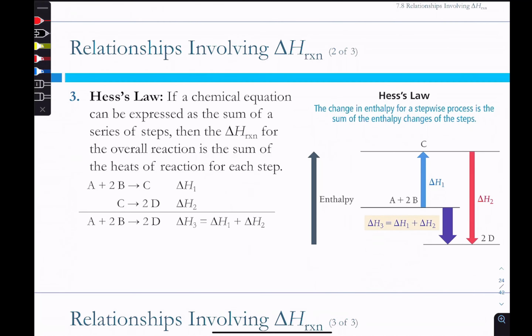Now, Hess's law is a special application of all of this. If we know the delta H, the heat of reaction, for one reaction, and we know the heat of reaction for another reaction, then the combination of these two reactions will produce a combination of their heats of reaction. This is because for every step, in our hypothetical here, if we start out with A plus 2B, let me ask you, is this an exothermic or an endothermic reaction?